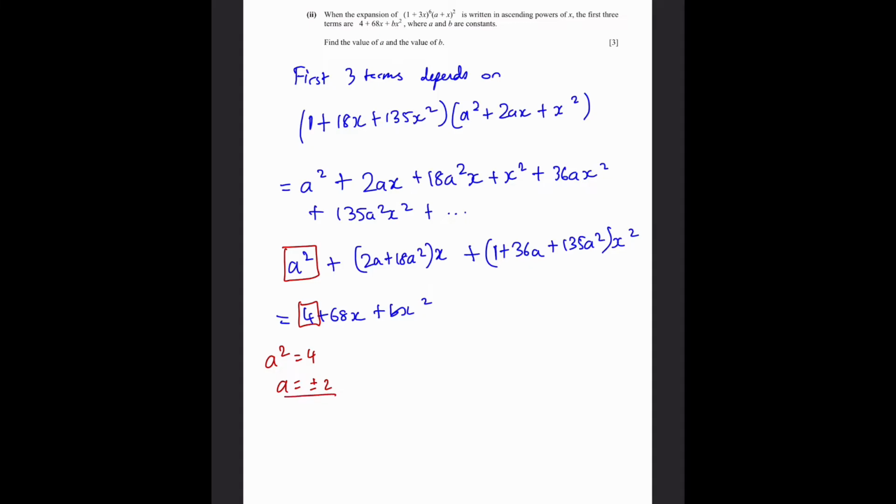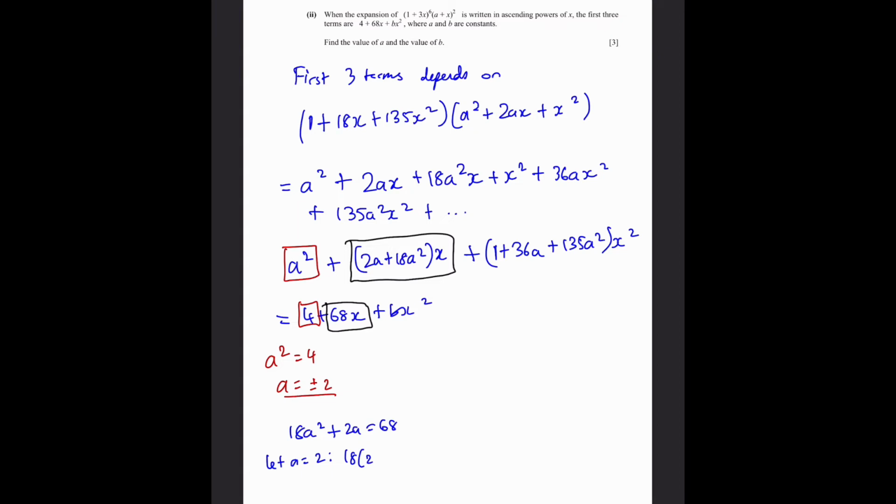Which one do we choose, plus or minus 2? We'll decide in the second one, which is equating the x terms. So we equate these, and we can write the coefficients as equal: 18a^2 + 2a is equal to 68. So let's substitute a = 2 and a = -2, and we need to see which one's correct. Let a equal 2.